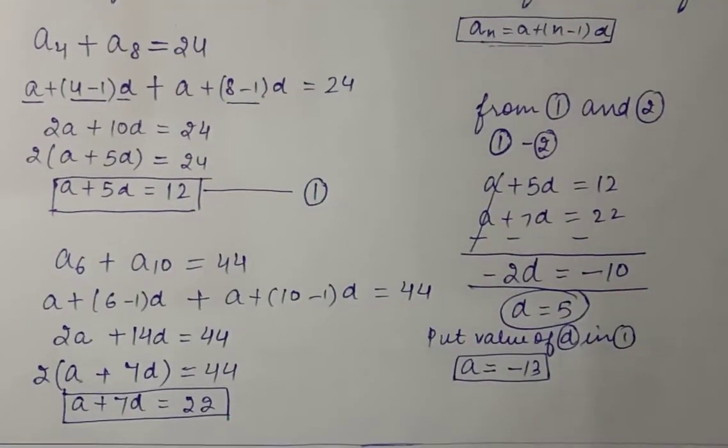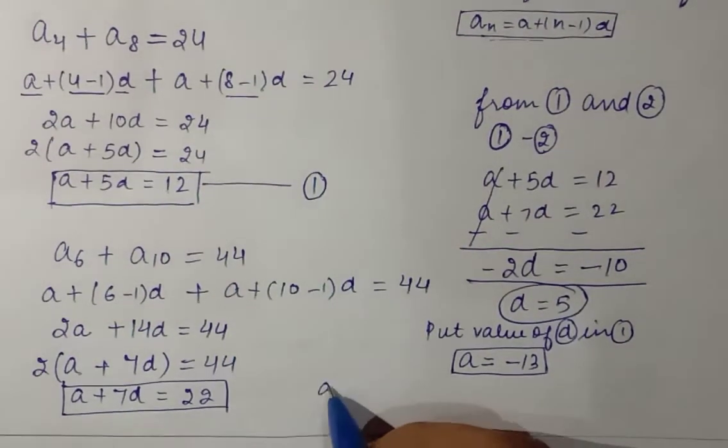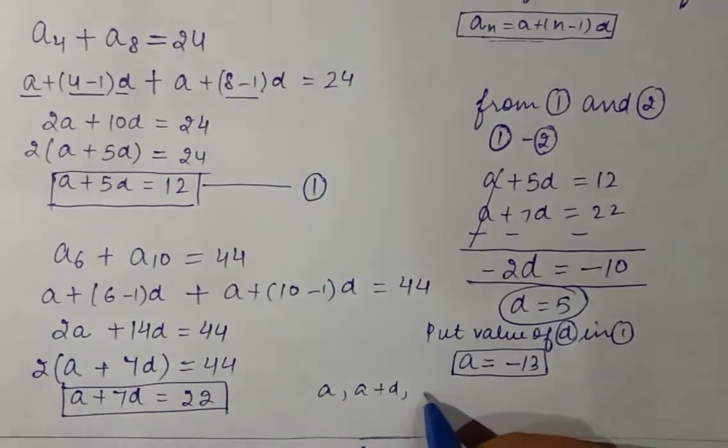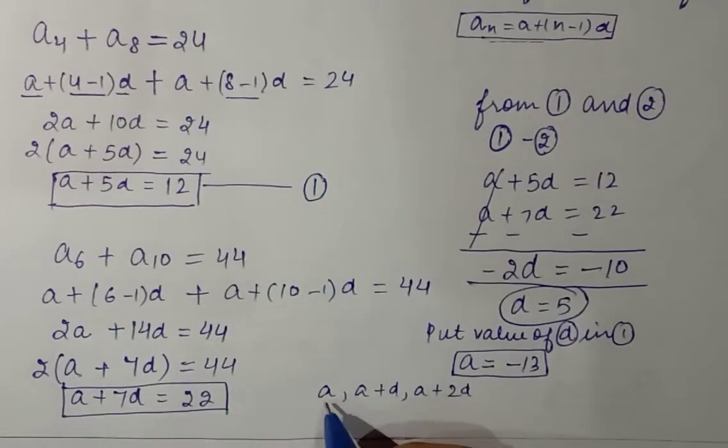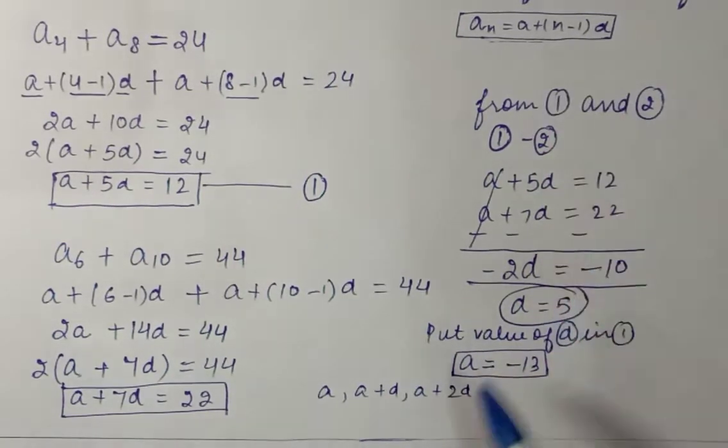Here we have to find the AP. So AP is a, a plus d, a plus 2d, where a is first term, a plus d is second term, a plus 2d is third term.